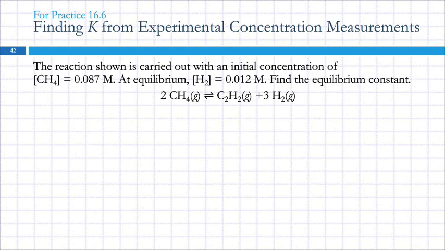Here's another one. Reaction shown is carried out with initial concentration of .087 for the reactant. And at equilibrium, they give us one of the product concentrations. Find the equilibrium constant.